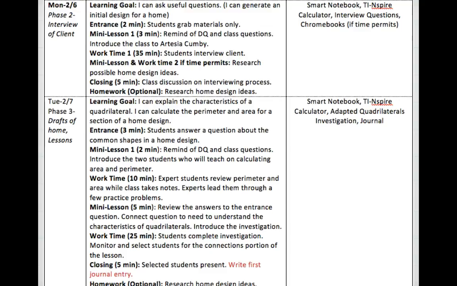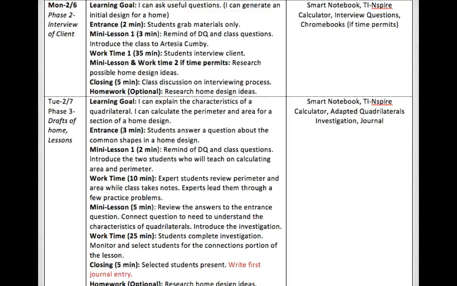And if she didn't take up the entire class time, the second part of the lesson is having them research possible home and design ideas based upon what she had just shared. They were given a couple of sites as a reference point to generate their ideas. And after Mrs. Cumbie had left, we talked about how they felt about the interviewing process. For homework, they could keep researching home ideas.